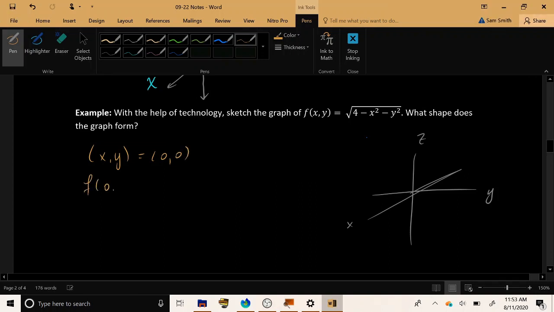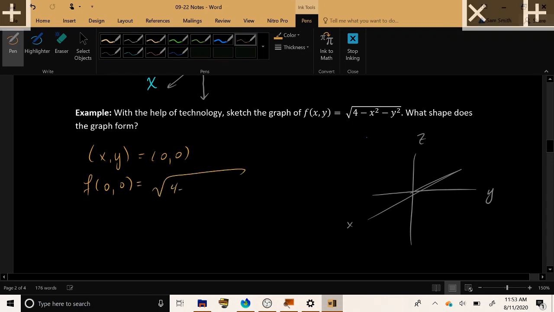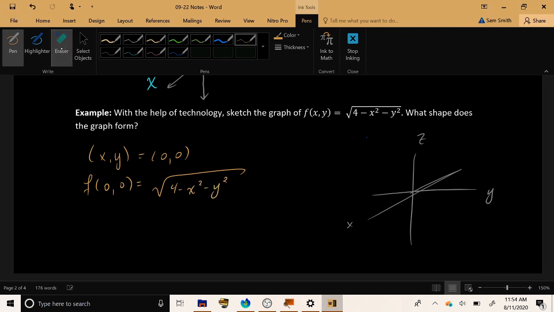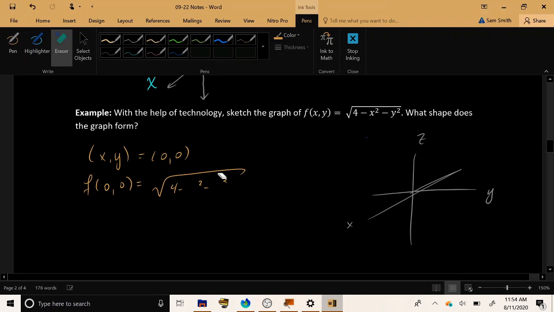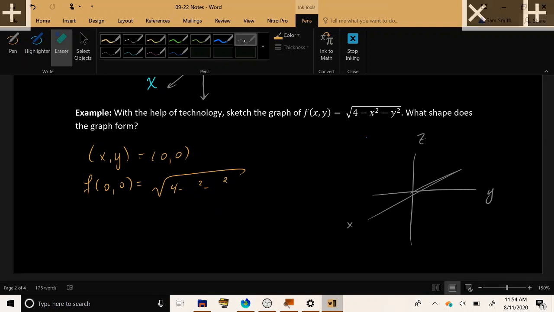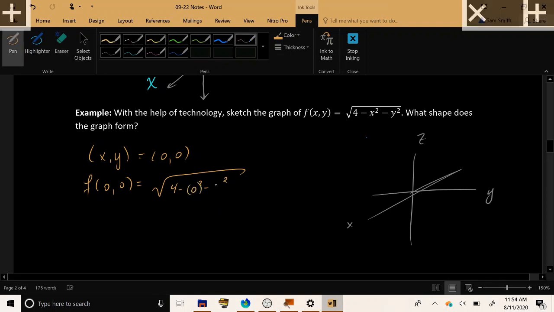If I evaluate that point, 0 in for x, 0 in for y, then I'll get the square root of 4 minus x squared minus y squared, except not x anymore, not y anymore, but this time 0 squared, this time 0 squared. So the associated output is the square root of 4, which is 2.